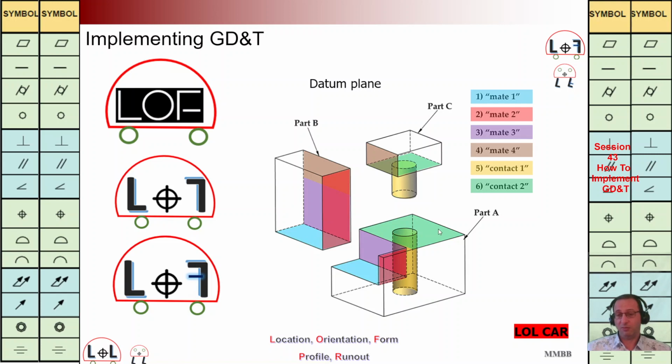This green from part A is going to see this green face from part C. As we can see, whenever we have a function for that plane or surface, we may need to define that plane as a datum reference or reference plane. And then we are going to qualify that, and then we are going to implement location, orientation, form, and in case we are going to implement profile and runout as well. Please keep in mind LOL car.